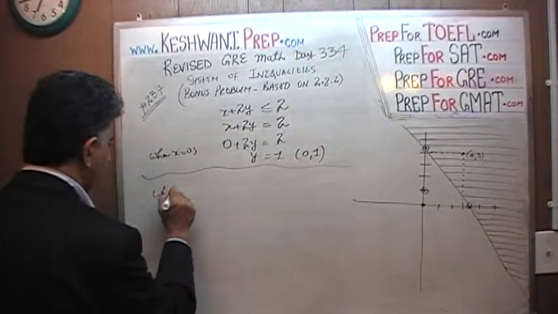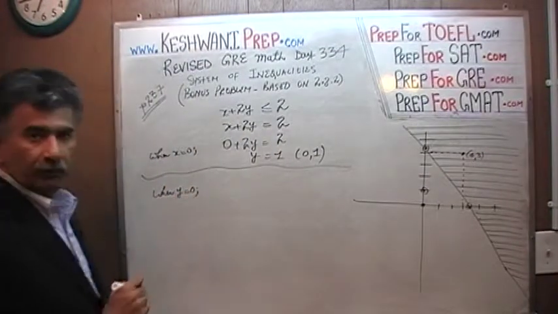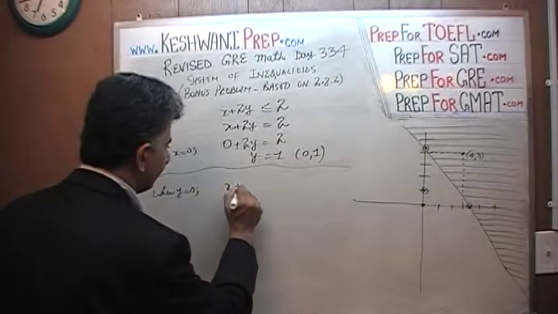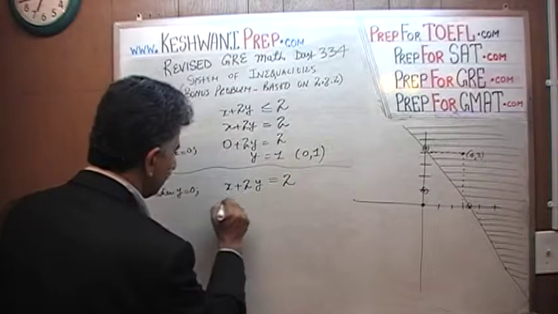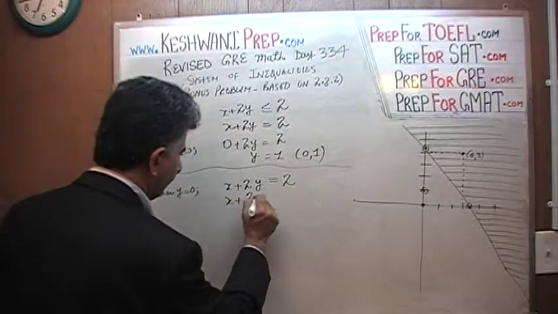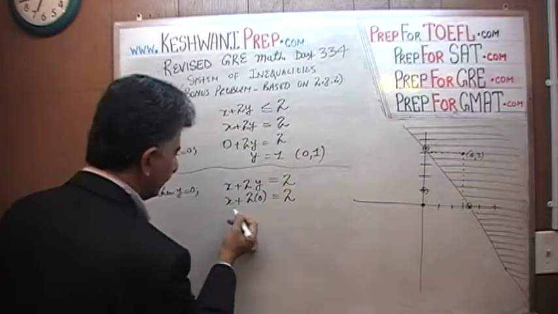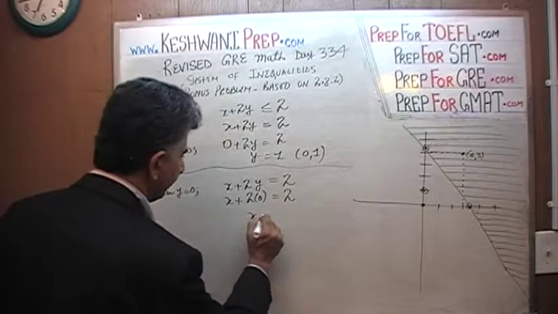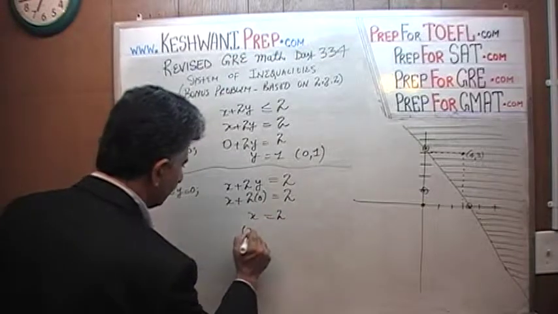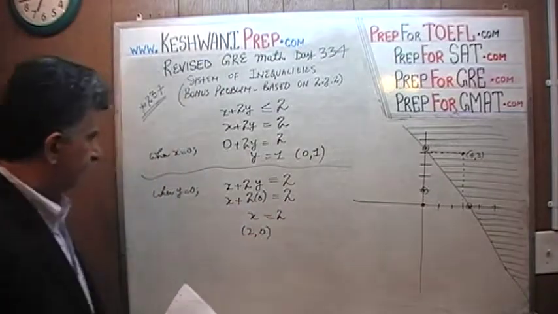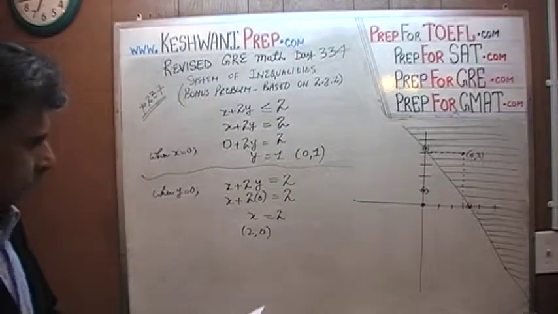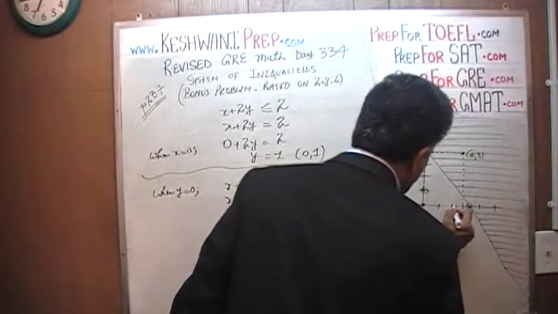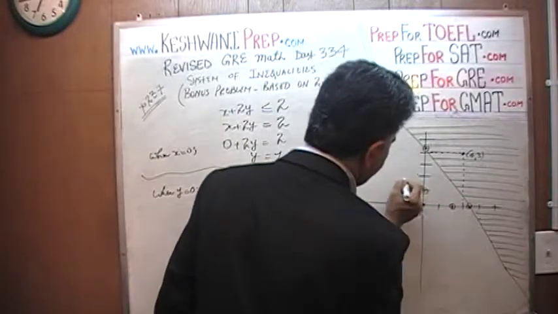Again, when y is equal to 0, x plus 2y equals 2 means x equals 2, so it goes through 2 and 0. Right here. And here's our line.